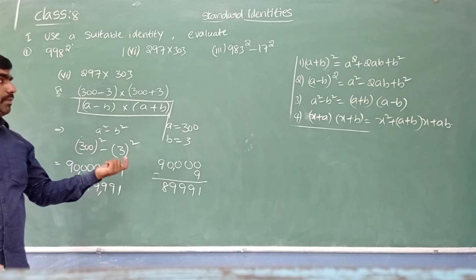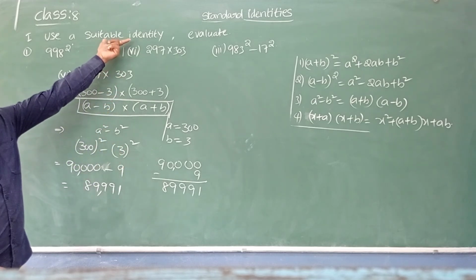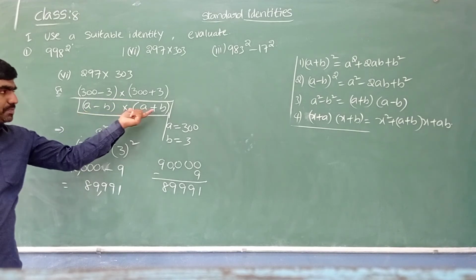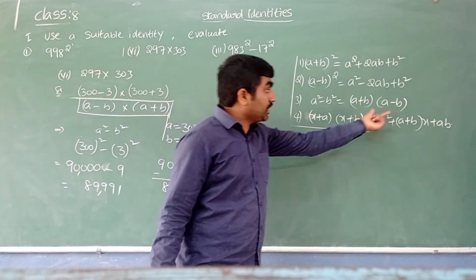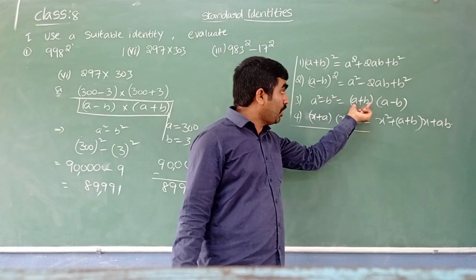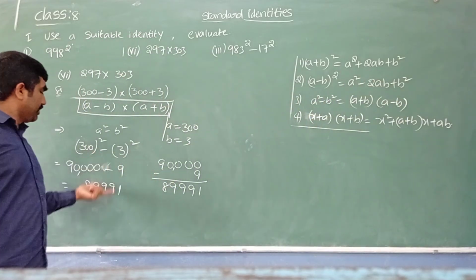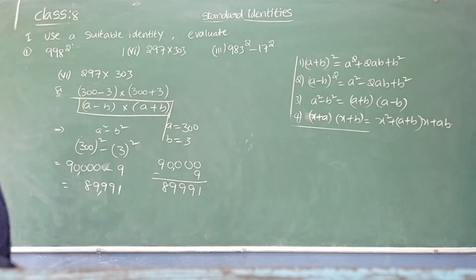Instead of multiplying generally, they are asking for the multiplying identity. I wrote like this: in the form of a minus b into a plus b, or a plus b into a minus b, we can write a square minus b square. From there I simplify. Hope it is clear.